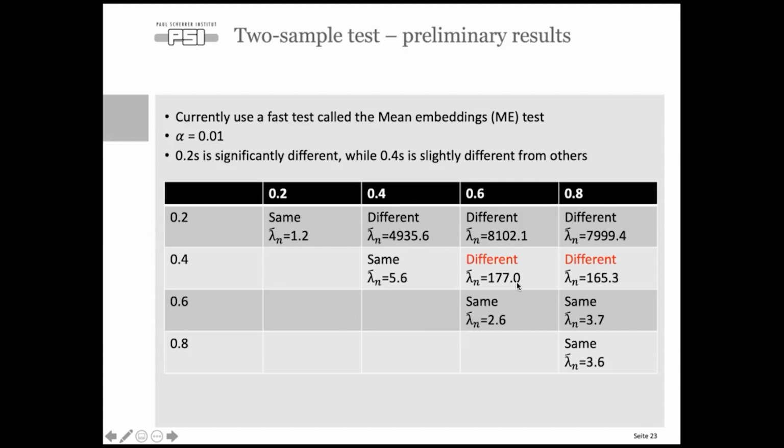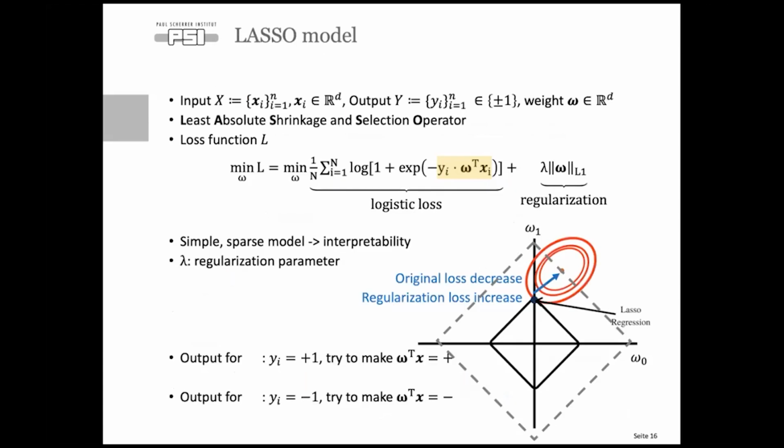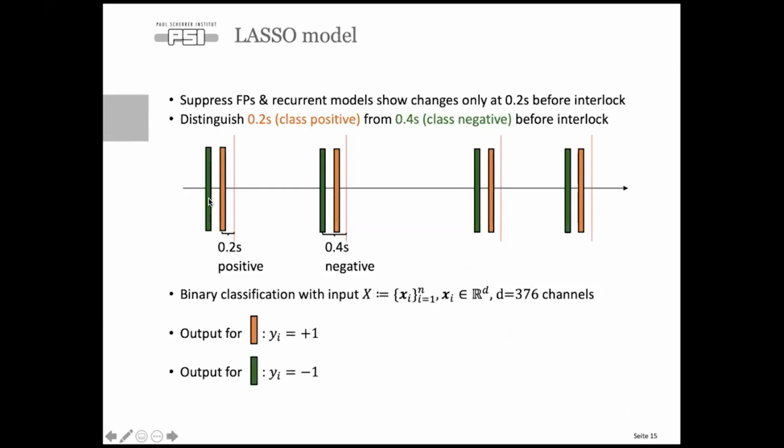So we can say that 0.4 seconds before interlock is not much different from the others, but still a little bit different. Then 0.6, 0.8, and further in the past are always considered the same distribution with a very low test statistic. So this result confirms our Lasso model, which only looks at the difference between the two samples taken at 0.2 seconds and 0.4 seconds before the interlock.